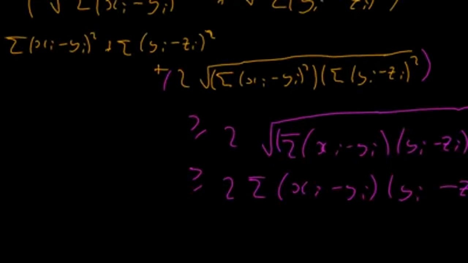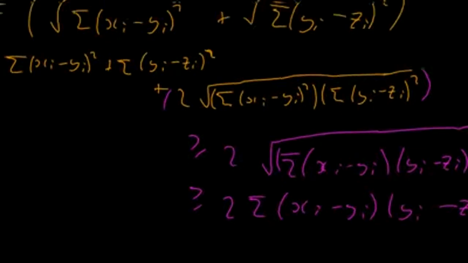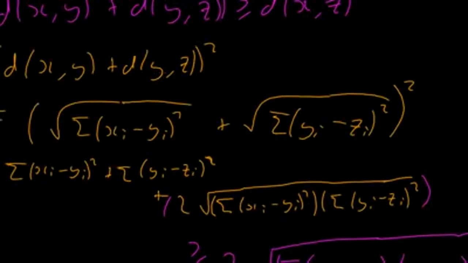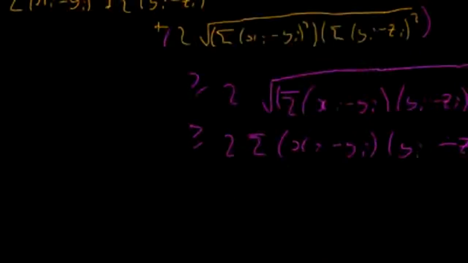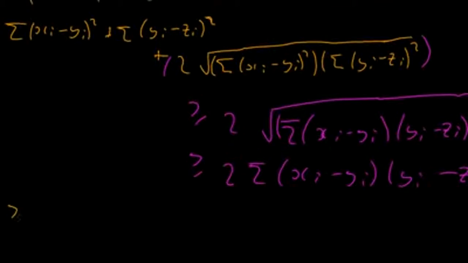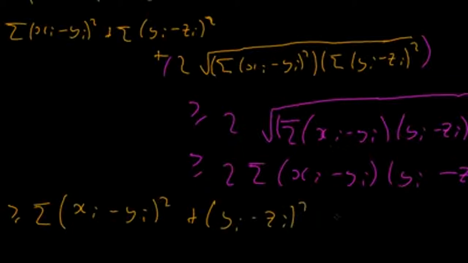So we have now that our original expression, d of xy plus d of yz squared, is greater than or equal to the sum of xi minus yi squared plus yi minus zi squared plus 2 times xi minus yi times yi minus zi.